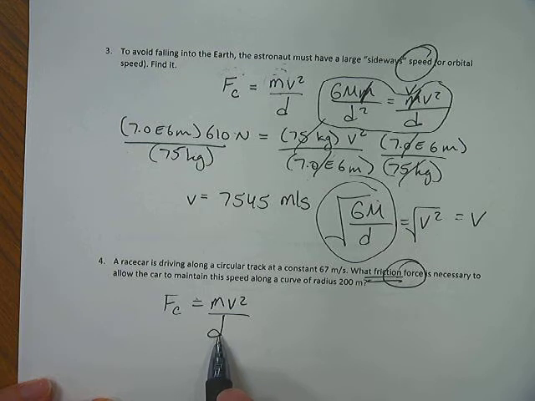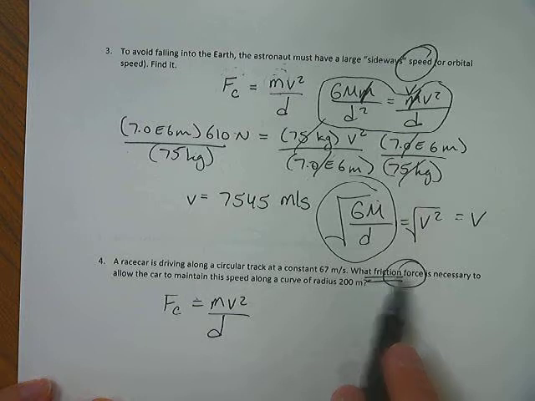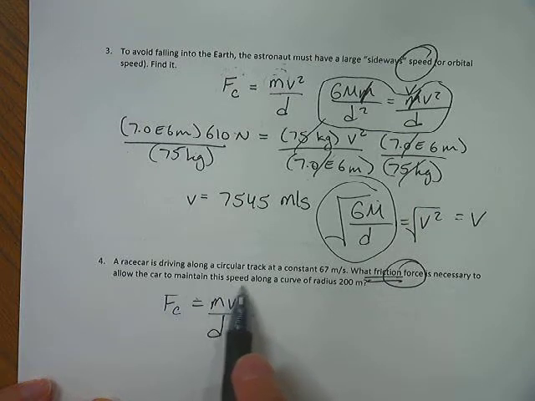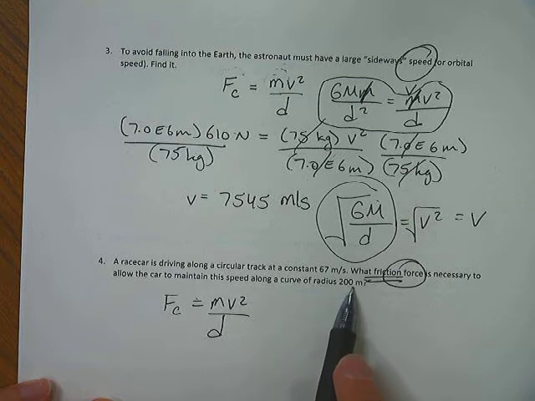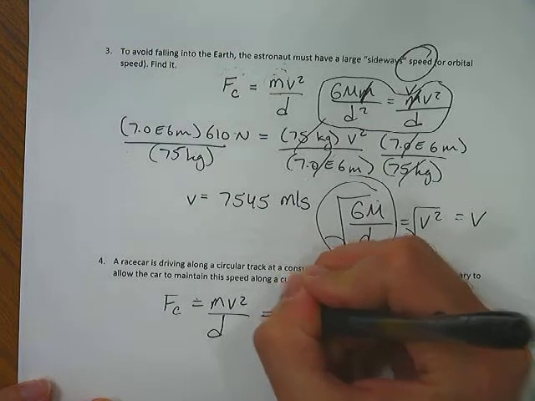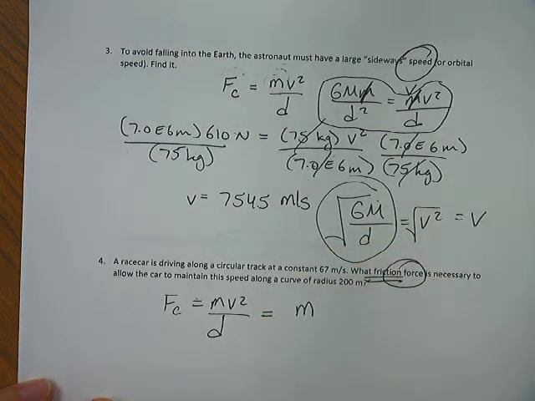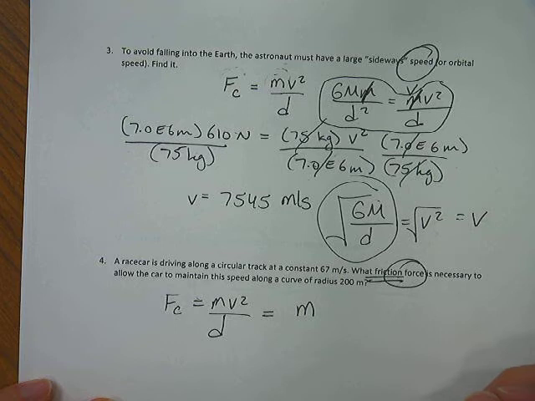But because this friction is pulling towards the center of the circle, we are allowed to use this equation, the force towards the center. Force towards the center is mv squared over d. This is not a gravity problem. This is a centripetal force problem.